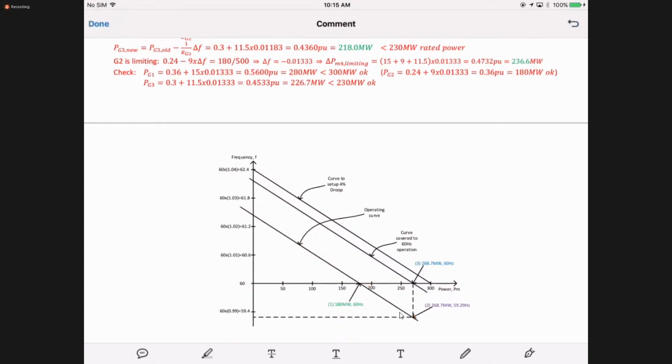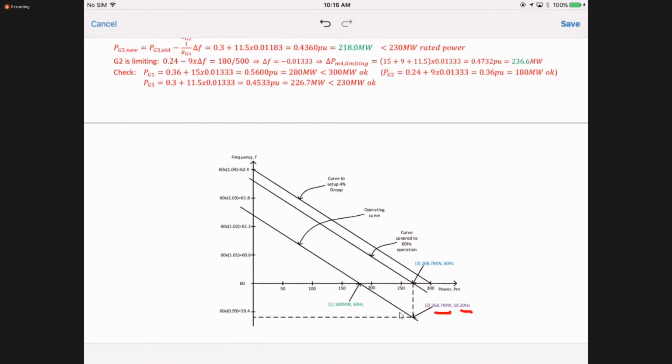Now if the power increases, the power moves higher, and after the calculation you will find the power becomes 268.7 megawatt and the frequency is lower, 59.29.